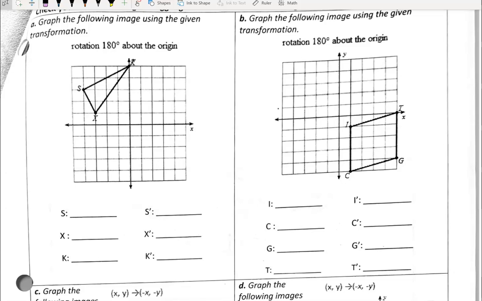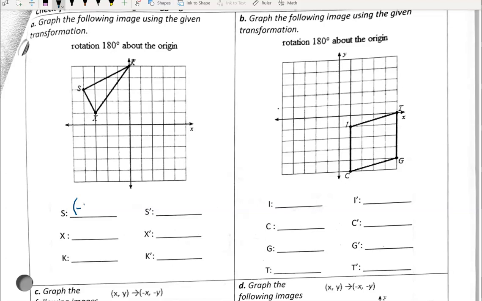And we have these two tables here for us for the points S, X, and K from the original figure, the parent. And then we have for the coordinates of the image or the child, S prime, X prime, and K prime. So again, when you write coordinates, you have to have parentheses. Mathematically, it's not correct if you don't have the parentheses. So make sure that you have those.